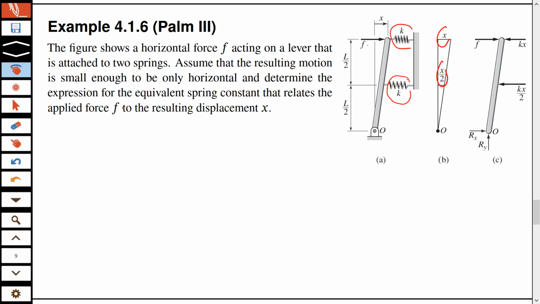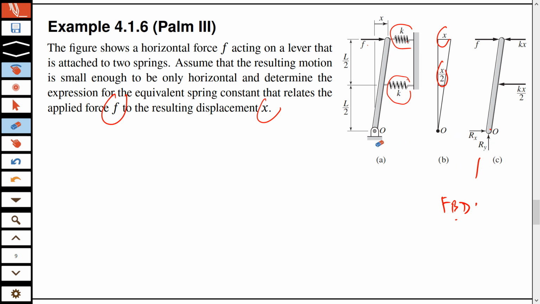You still want to relate f and x to one another, तो उसके लिए हम फिर ये करेंगे कि we can have a free body diagram here, और फ्री बॉडी डायग्राम में हम ये देखते हैं कि हम कोई आसान सा कन्वीनियंट सा पॉइंट चूज कर लेते हैं. Now the reason we need to choose this point is because we don't want to bother ourselves with these reaction forces.